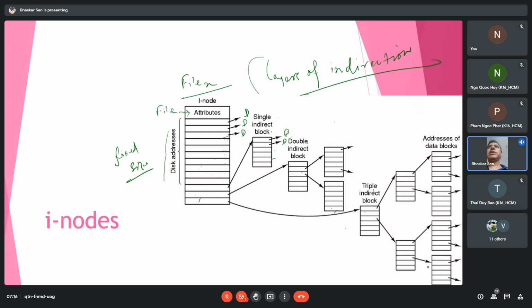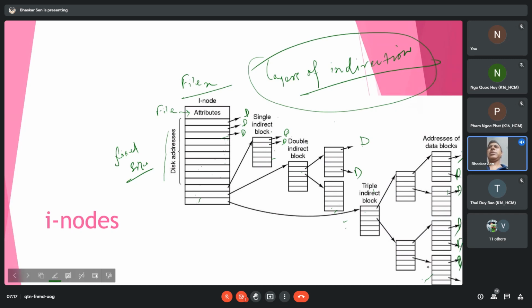And these layers of indirection will actually help them to access the data. What is data? These are data, in the triple case.